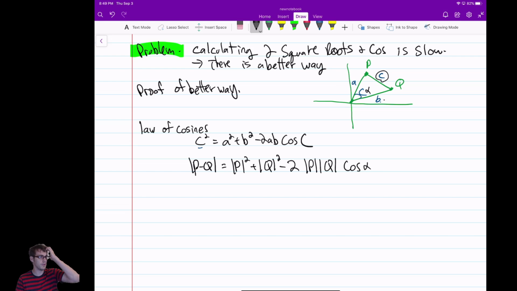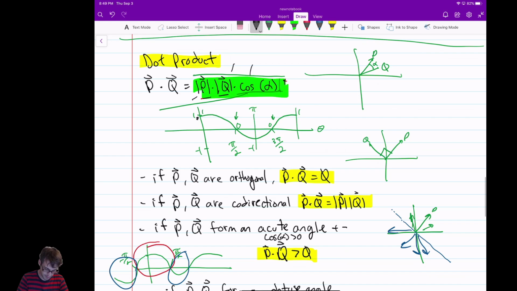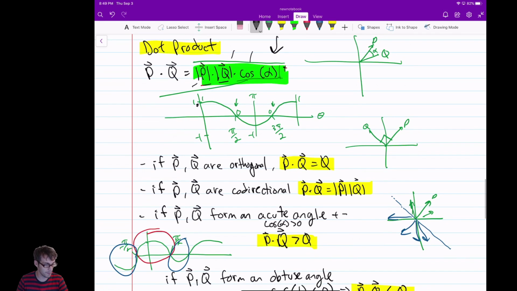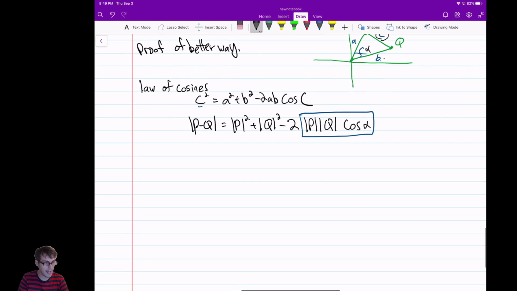Awesome. Now the first thing I want to highlight is that this right here should look very familiar. We have a definition for this. If I go back up here, that is our dot product, the lengths of P and Q times cos alpha. So I'm going to rewrite that already as 2 times P dot product Q, right? I can replace that already. That's great.